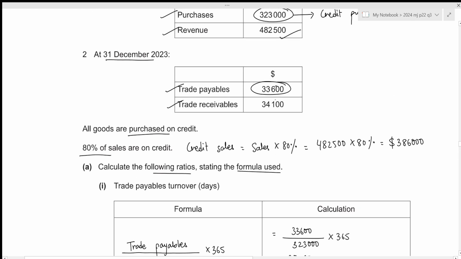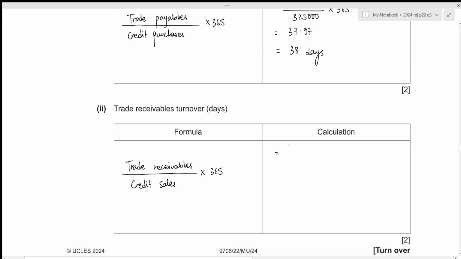We have our trade receivables to be 34,100 and we calculated the value for the credit sales to be 386,000. So 34,100 divided by 386,000 times 365. This results in the value of 32.24, and again, since we need to calculate it in days, we will round it up. So the final answer will be 33 days.